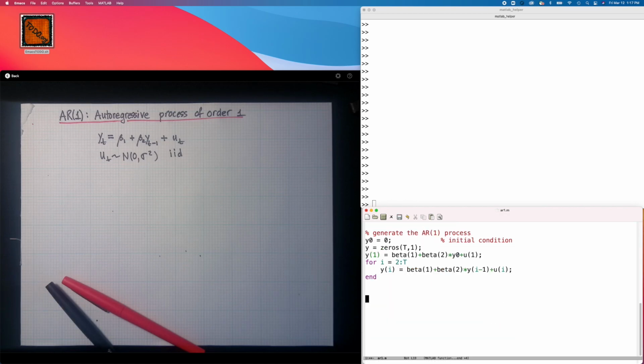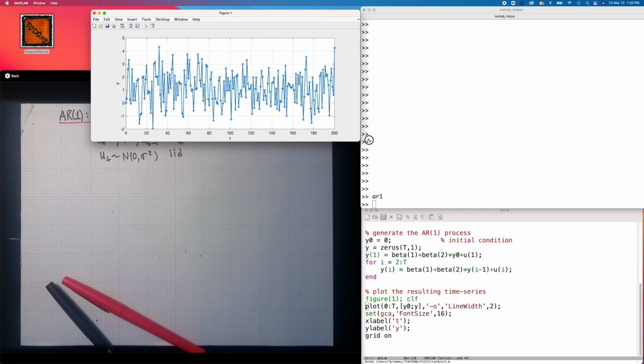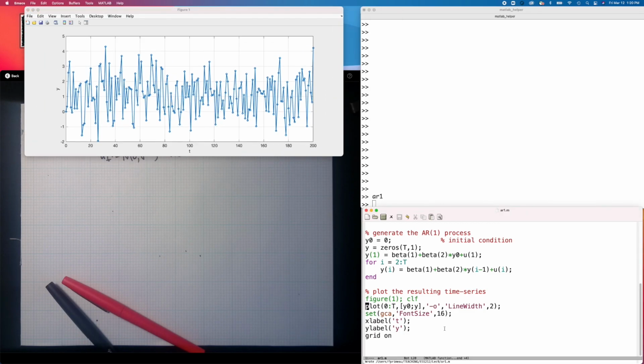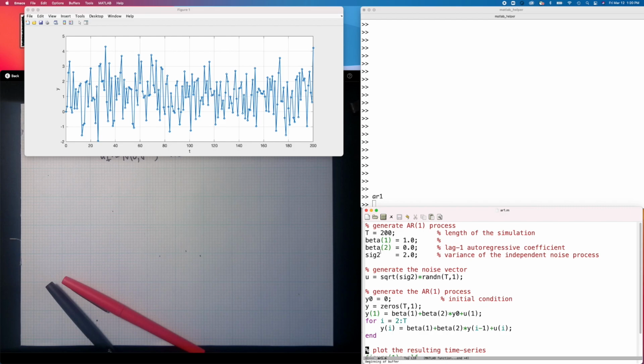Alright, so this is the generation of our AR1 process, and now we can make a plot. This is a realization of this process with beta 2 to be 0, so it's independent random variables, and the mean should be close to 1, which it looks like it is, and the variance should be close to 2, which looks about right.